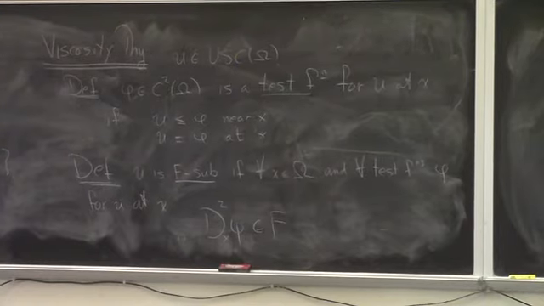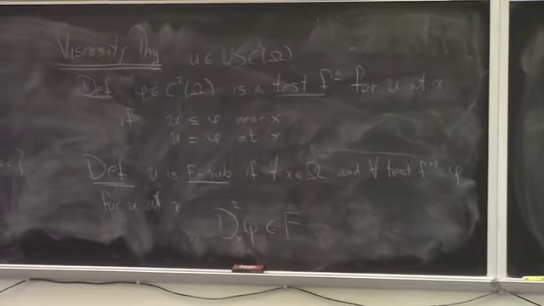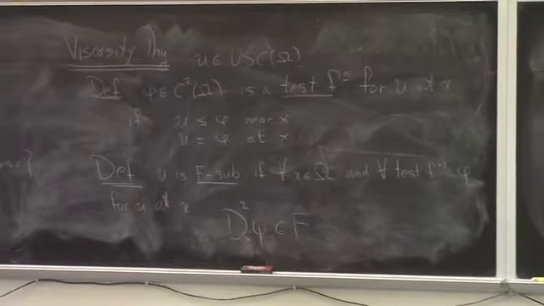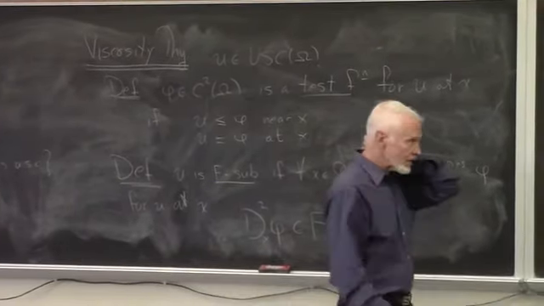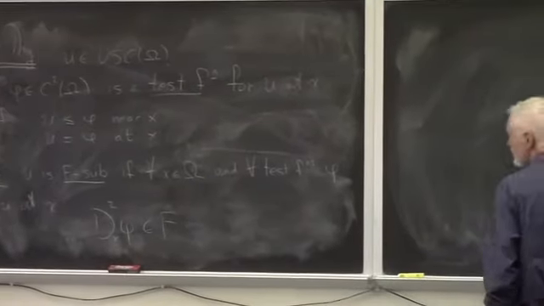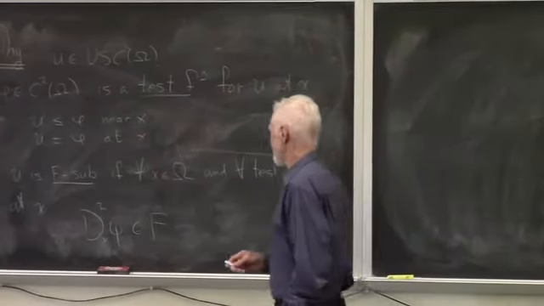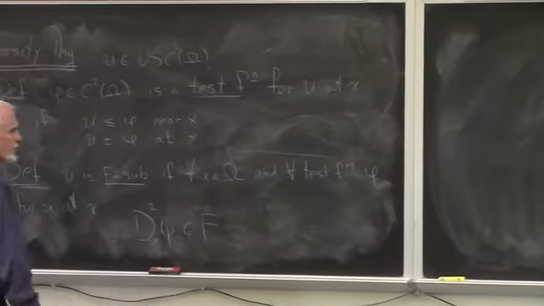This is automatic if there are no test functions. So this is satisfied if there are no test functions. It seems a little silly, but it actually works. It's the genius of this, it really works.